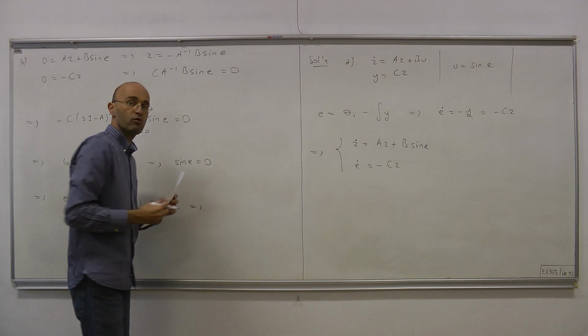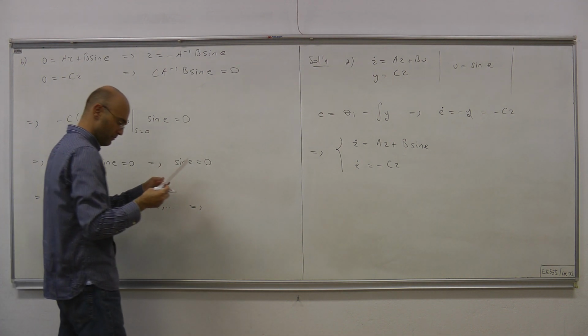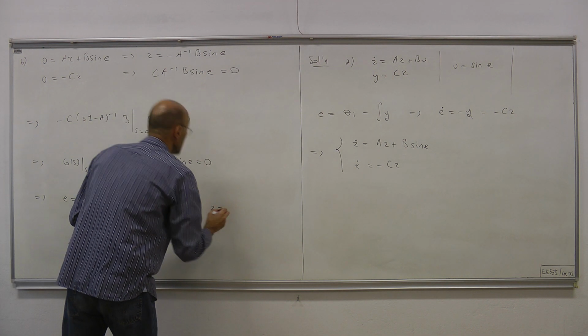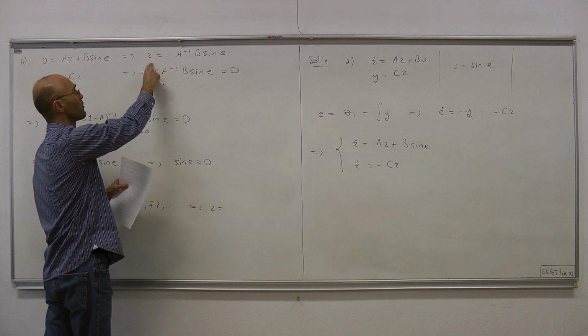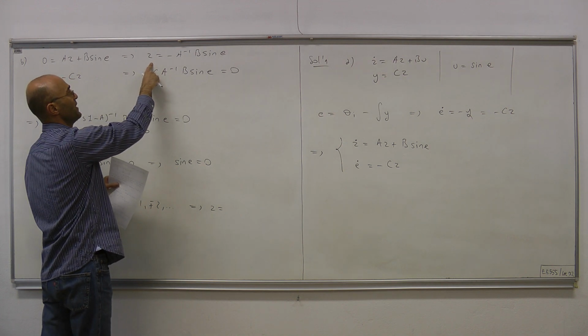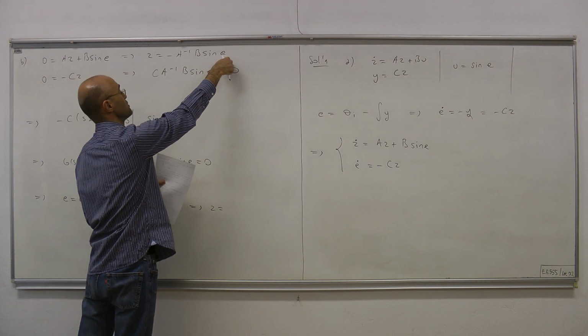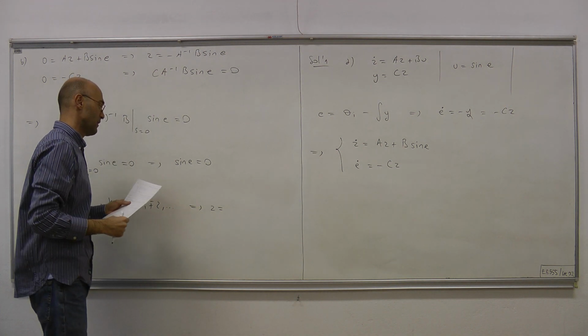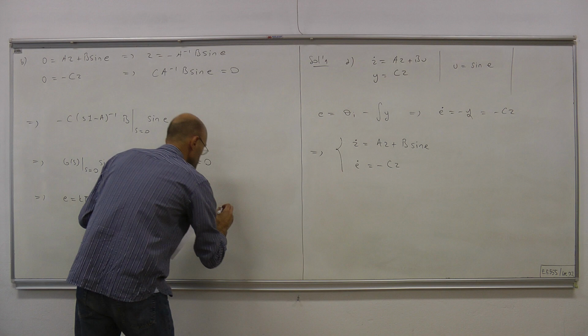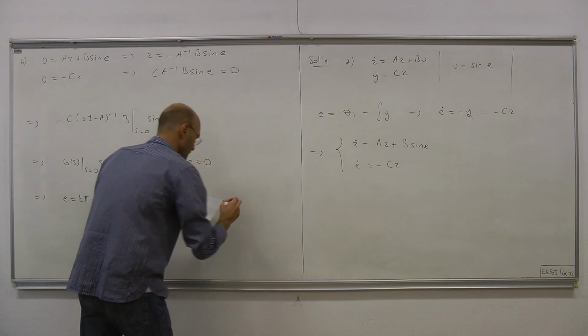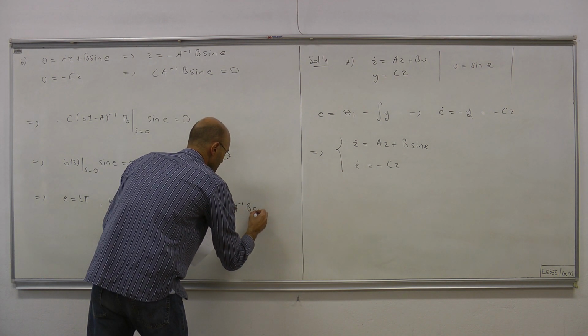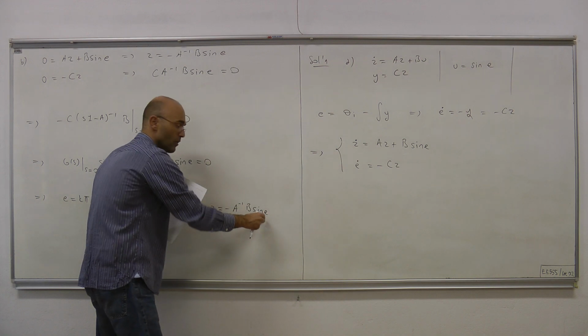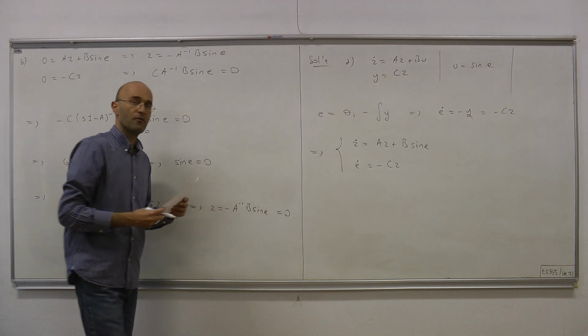And from that E, this is what Z is at the equilibrium point: Z equals minus A inverse B sine E. Sine E is 0 at equilibrium, therefore automatically Z must be 0 at any equilibrium.